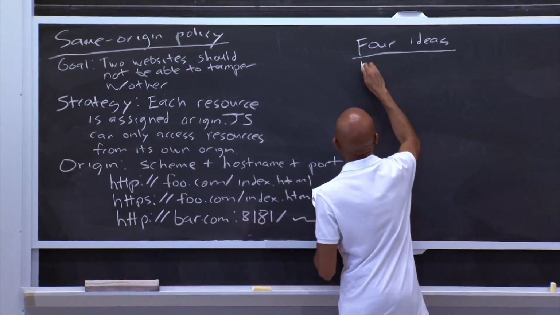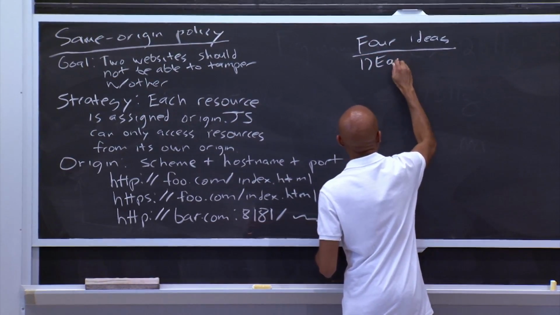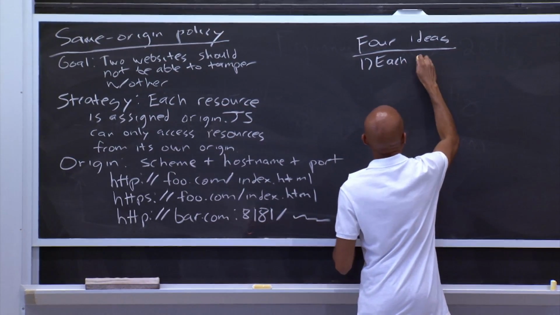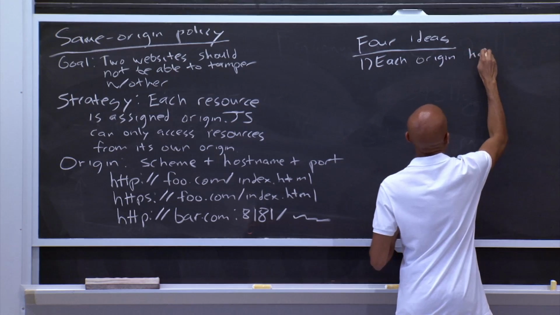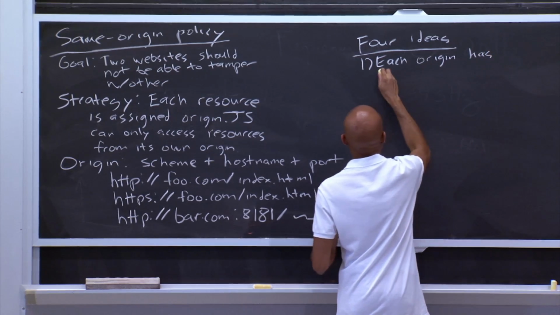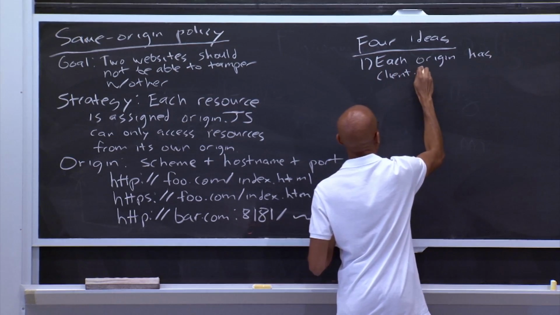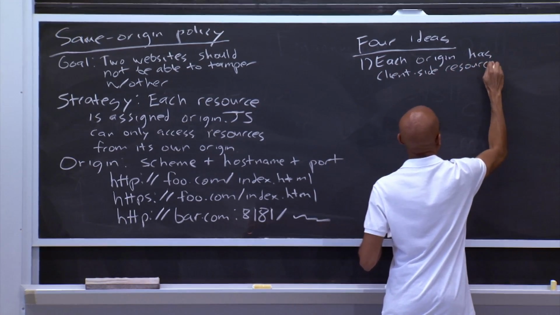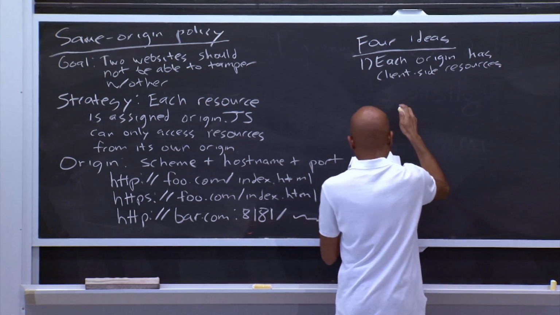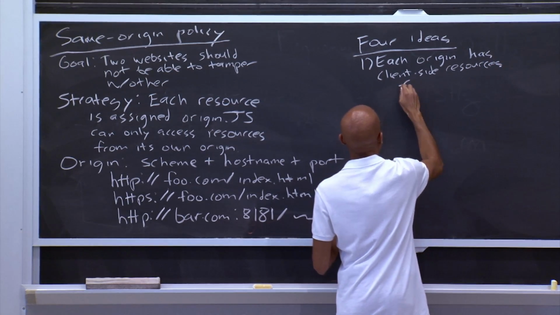The first idea is that each origin has client-side resources. What are examples of those resources? Things like cookies.